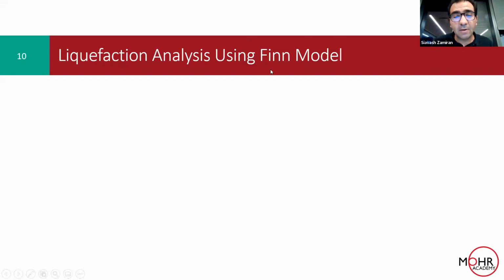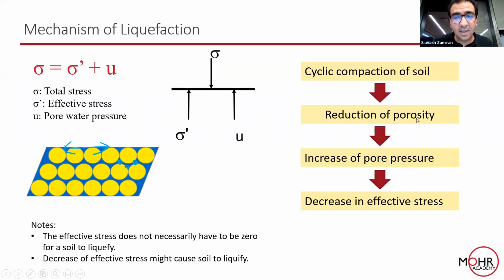We are going to talk about a constitutive model in FLAC that is used for liquefaction, which is called the Finn model, and we are going to discuss this model based on the concept that we just talked about here.